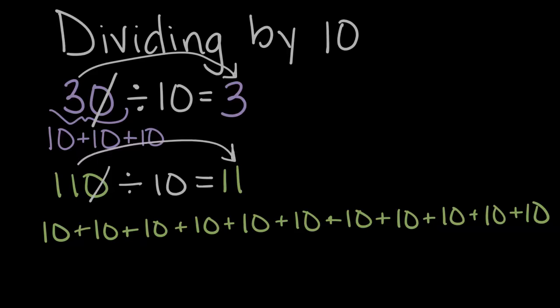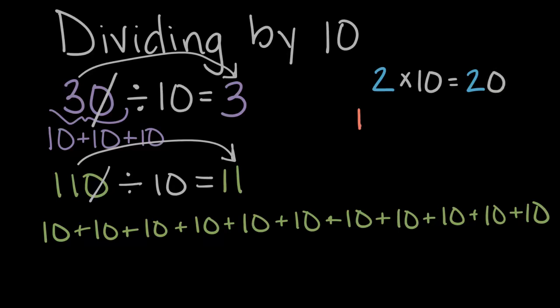And if we remember from multiplication, it was the opposite. If we had 2 times 10, our solution was 20, or a 2, our original number, with a 0 added to the end.